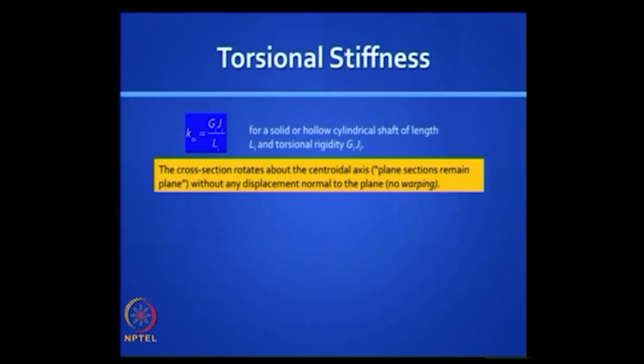So we can talk of a torsional stiffness GJ by L. G is the shear modulus, J is the polar moment of inertia, L is the length of the element. It is in many ways similar to axial stiffness, EA by L. It also has vectorially the same direction, except that you will use a double arrowhead.